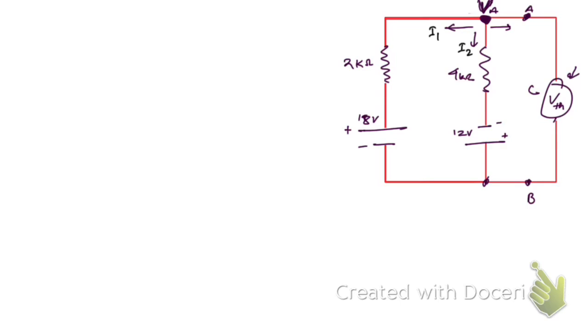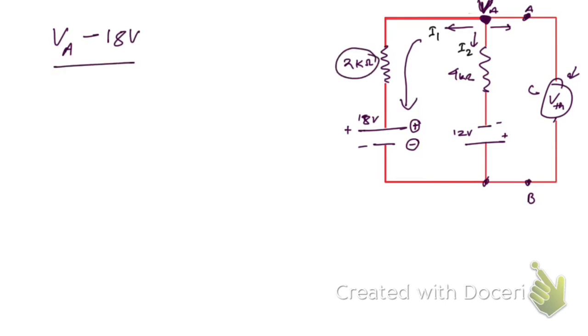VA then minus, when you come along this path, you are going from the higher potential to lower potential, so subtract this 18 volt, divided by the resistance in this part, that is 2 kilo ohm, that means 2 into 10 to the power 3, right?